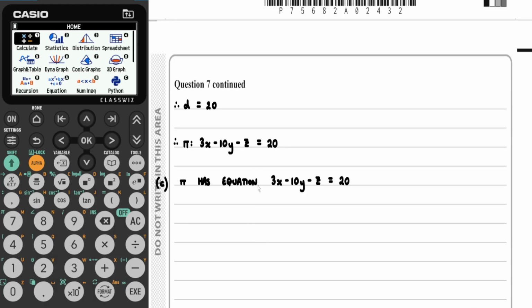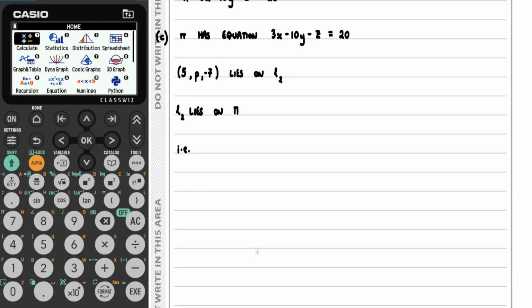We know so far pi has equation 3x subtract 10y subtract z equals 20, and this point (5, p, -7) lies on L2, and we know that L2 lies on pi, so we can substitute in this point into the equation. We have 3 times 5, subtract 10 times p, subtract negative 7 equals 20. 10p is equal to 2, so p is equal to 1/5.